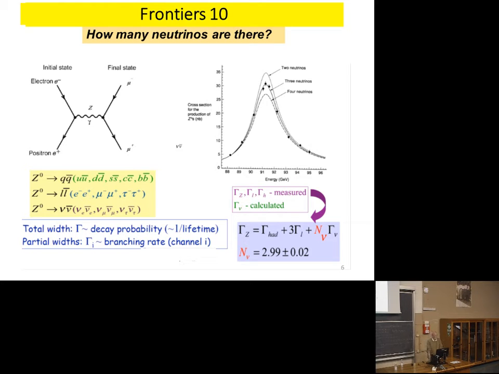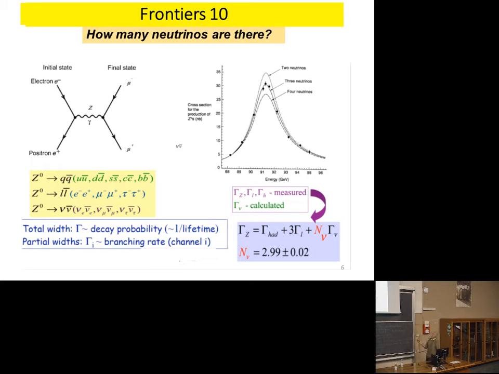It's broader if it decays quickly, and if it's more stable, it's narrower. I can predict how narrow it will be depending on how many ways it can decay. And from that, we can measure how many channels it has to decay into by how wide it is.